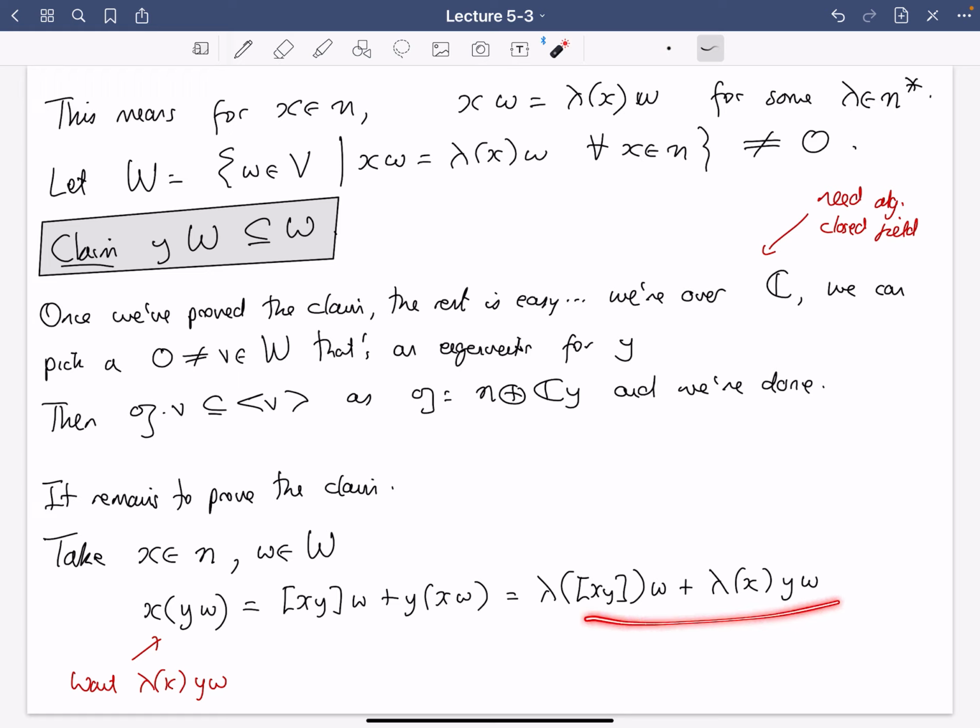So we've actually got this guy, and we want this guy. So we need to show that lambda of [x,y] is 0. And then we're done.